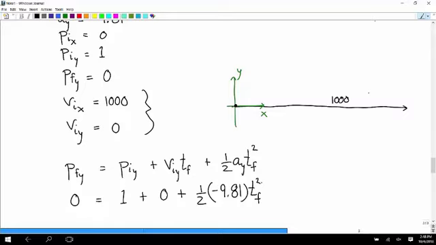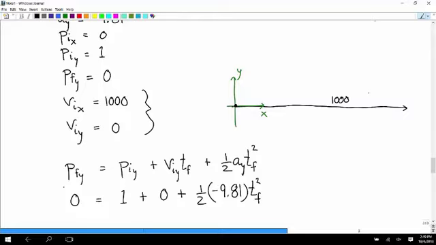Now if you compare this to the equation we had for the dropped case, it's the exact same equation. The reason is that this initial velocity was completely horizontal and there was no y component of that initial velocity. We had a 0 for the initial y component of the velocity, just like in the case where it's dropped from rest.